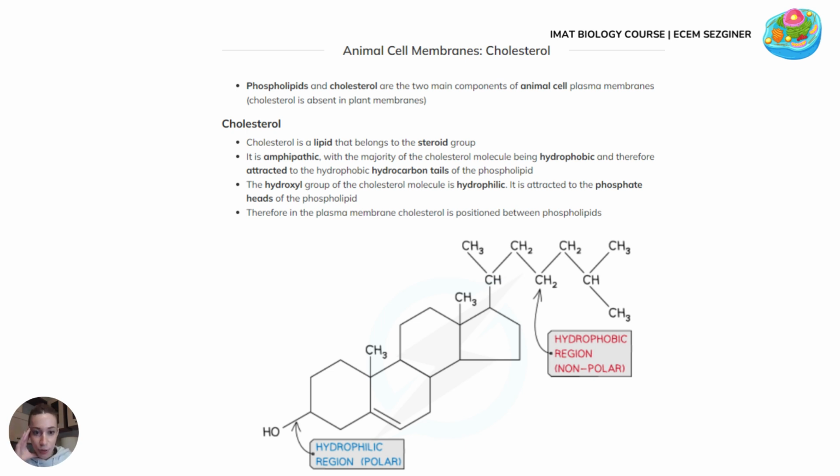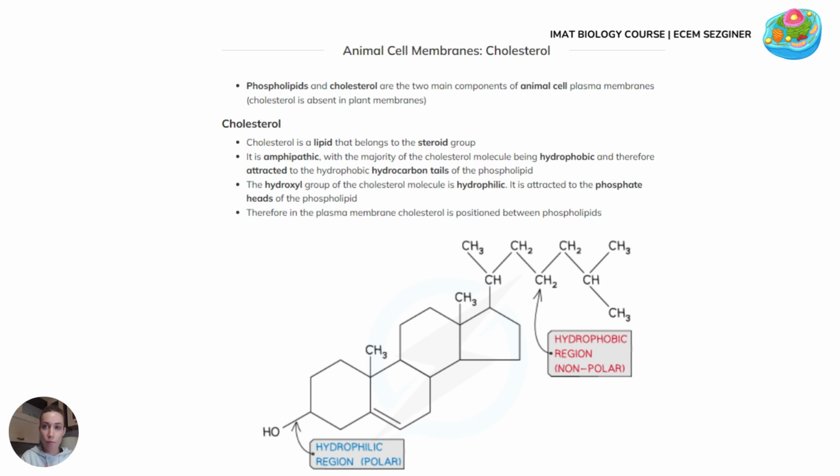So it's a lipid structure, belongs to the steroid group. It is amphipathic, and the majority of the cholesterol molecule is hydrophobic, and therefore it can attach to the hydrophobic carbon tails on the membrane. So if a material is hydrophobic or nonpolar, it's going to attach to the tail part of the bilayer membrane.